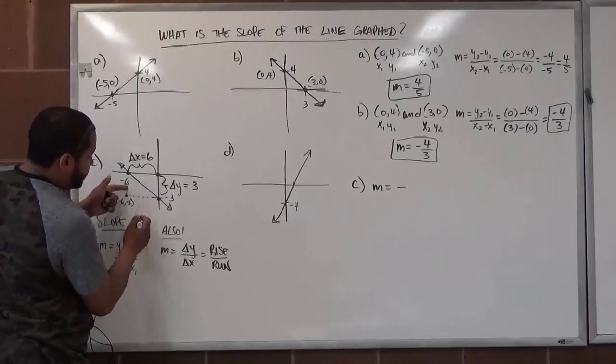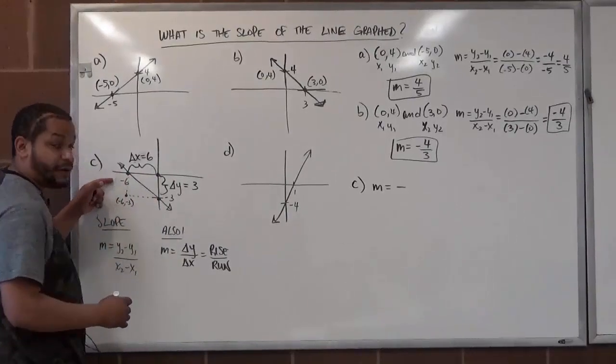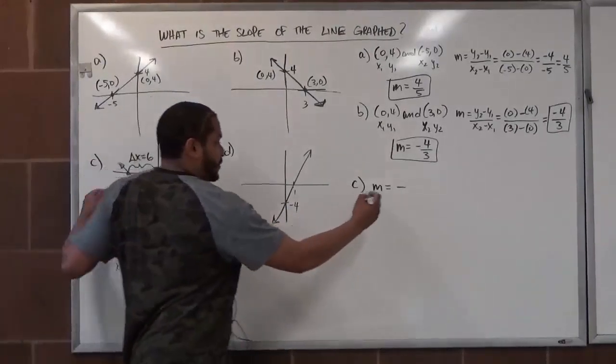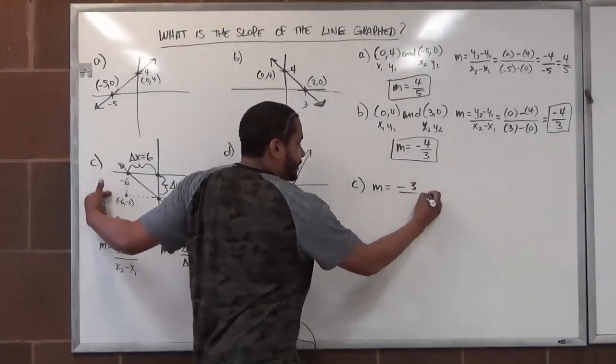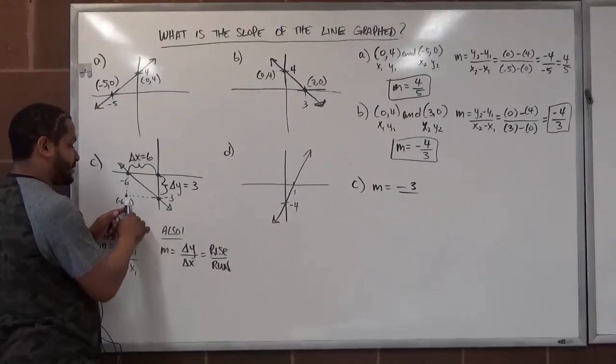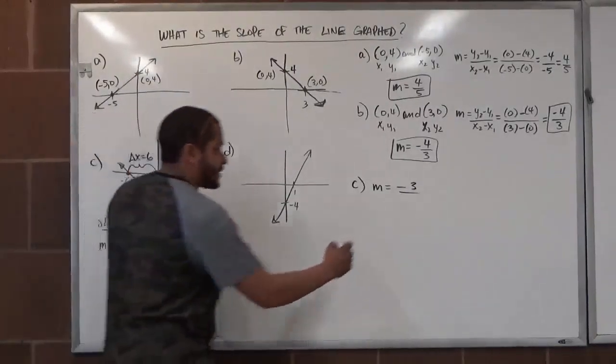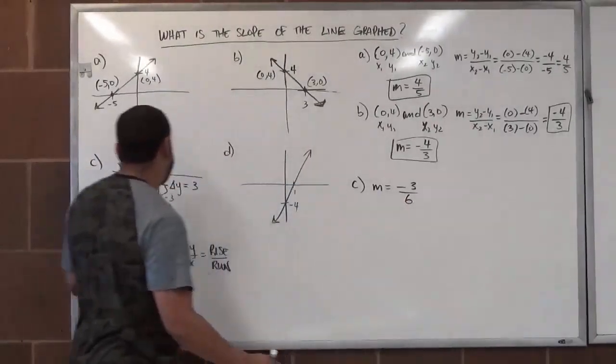And so creating this triangle, which is the same triangle as the one we see up here, we see the change is going downward 3 units. And so the first numerator is going to be negative 3. In our denominator, our change from left to right is positive 6. Since the points always go from left to right increasing, this has a change of 6 units to the right.